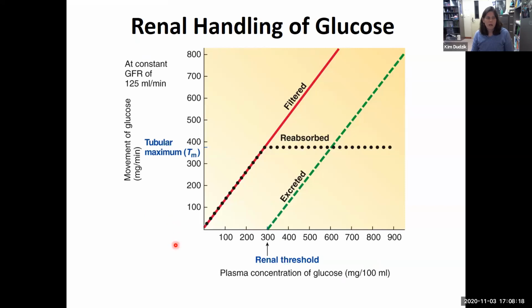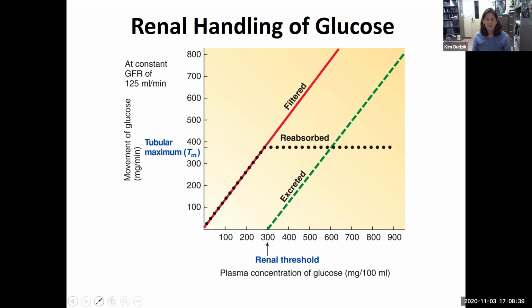Basically, the renal handling of glucose tells us about what's called a tubular maximum, Tmax. This is the amount of glucose that our kidneys can handle reabsorbing.